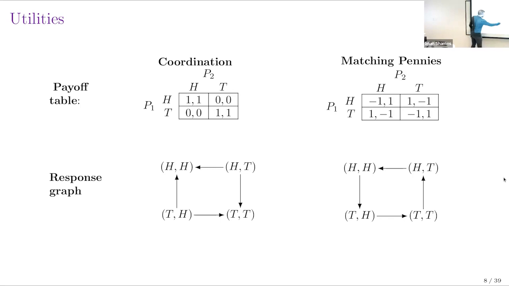In the other case, the first player's action is different, and this payoff is higher, so it goes there. In the matching pennies scenario, the first player gets a bigger payoff in the lower left vertex, so the edge goes from the top to the bottom.